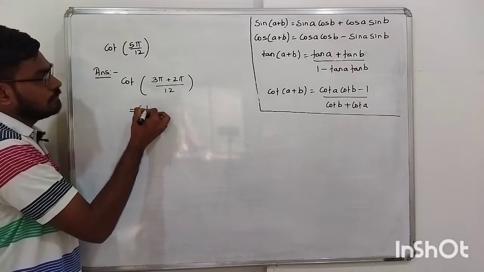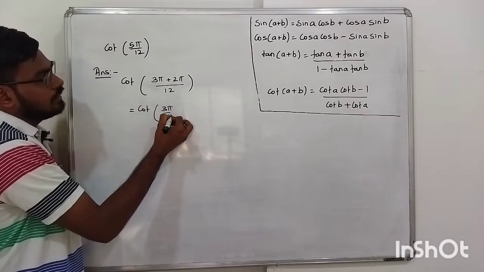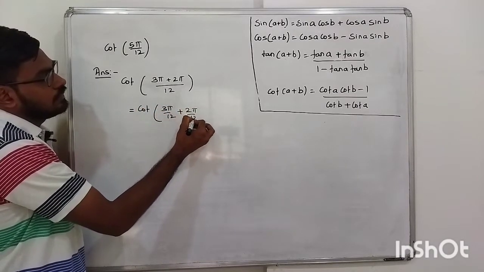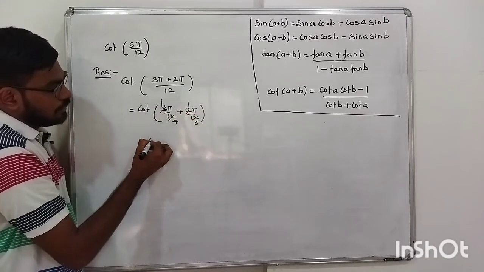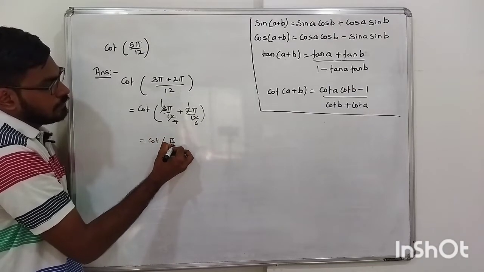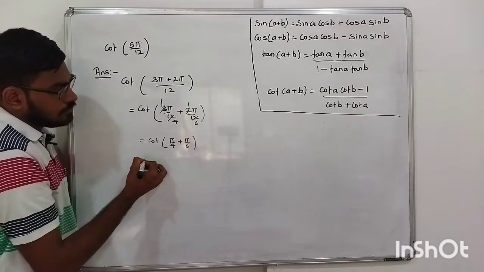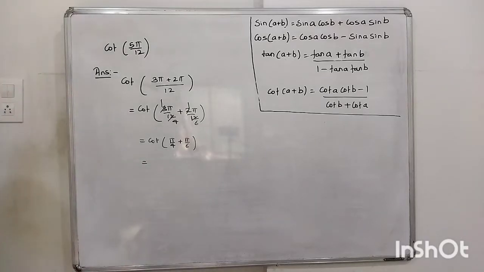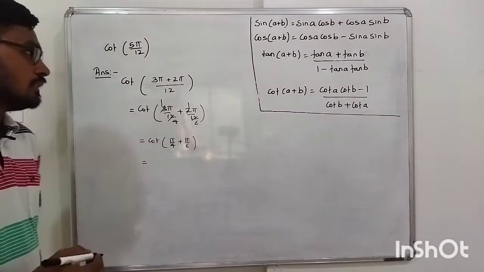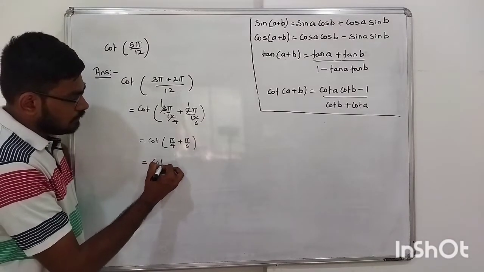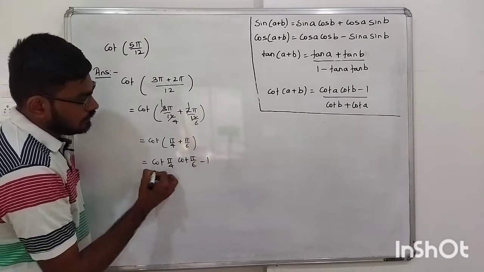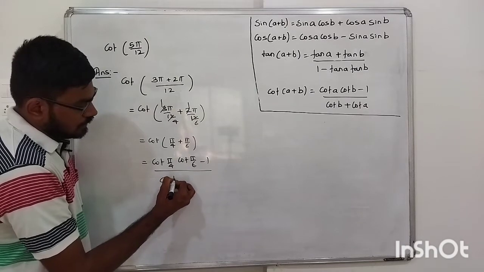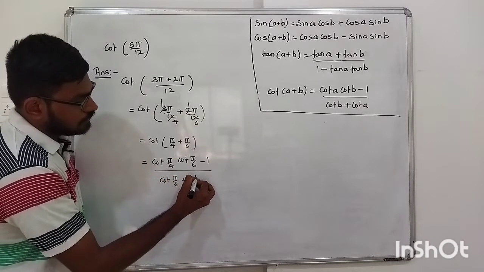So this is cot of 3 pi by 12 plus 2 pi by 12. So 3 1s are 3, 3 4s are 12, 2 1s are 2, 2 6s are 12. So cot of pi by 4 plus pi by 6. You can simplify this now, and you know pi by 4 is 45 degree and pi by 6 is 30 degree. Cot of pi by 4 into cot of pi by 6 minus 1 upon cot of pi by 6 plus cot of pi by 4.